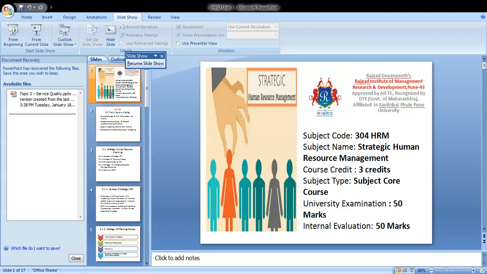So the third step in the strategic HR planning process is gap analysis. The gap between the present situation of the organization and its desired position is analyzed in this step.